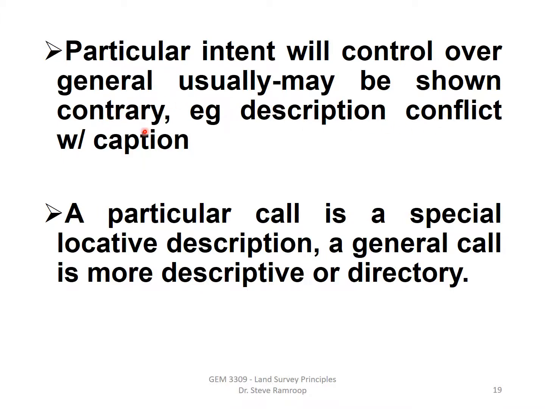For example, a description in conflict with a caption would be included in the deed. A particular call is a specially located description. A general call is more descriptive or directory. A particular call is more specific as opposed to a general call.